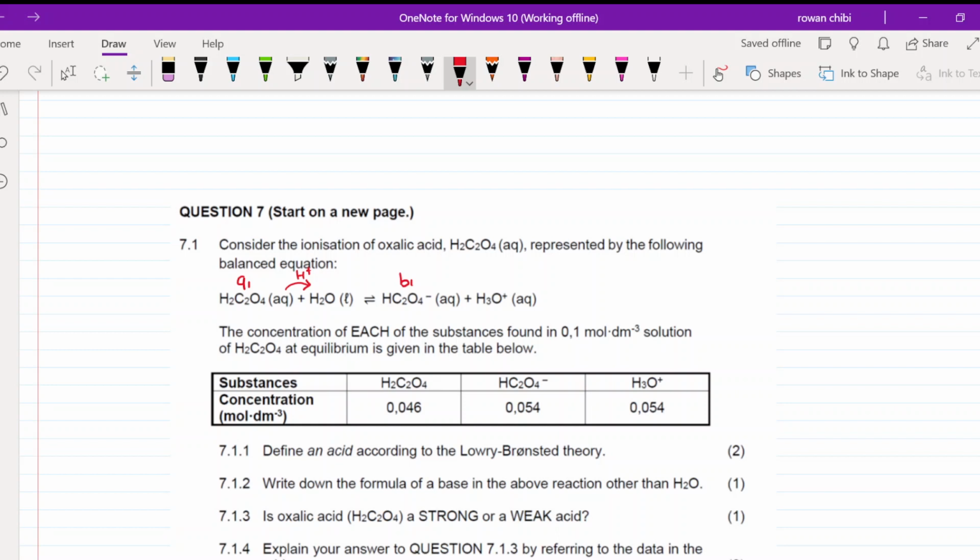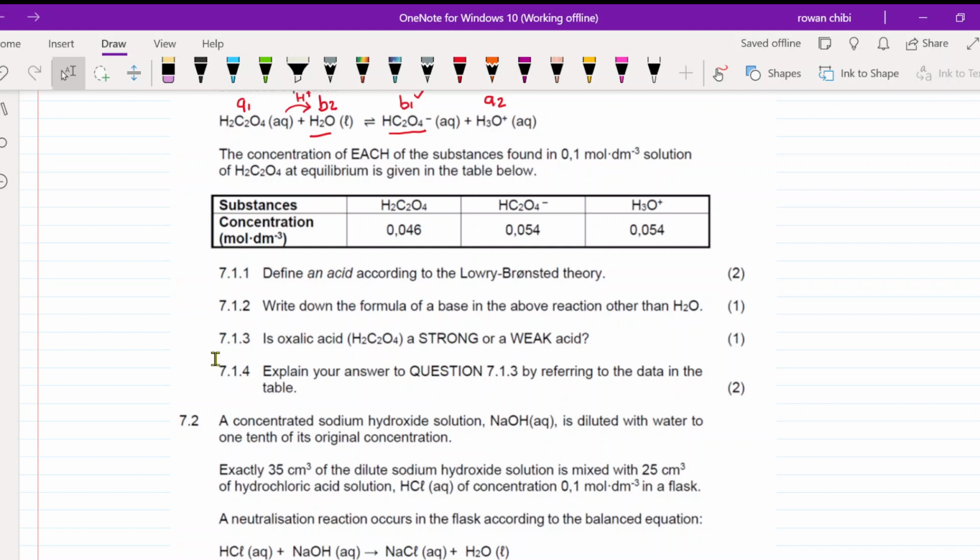Then the water that received a proton there was a base. And then this is the conjugate acid on the other side, H3O plus. So they said we need to write another base other than H2O. So H2O is a base and HC2O4 minus is another base. So this is what they are looking for.